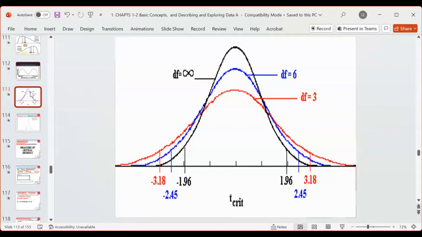And the DF formula is n minus 1. So whatever your sample size is, you take away 1, and that's your DF. We'll talk about this. Right now I'm just showing the graphs and all that. Okay.